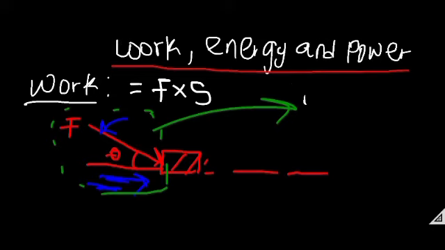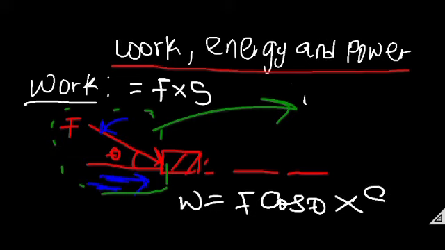So in this case, when inclined, W will be equal to F cos theta times S. When we rearrange, W is equal to Fs cos theta.